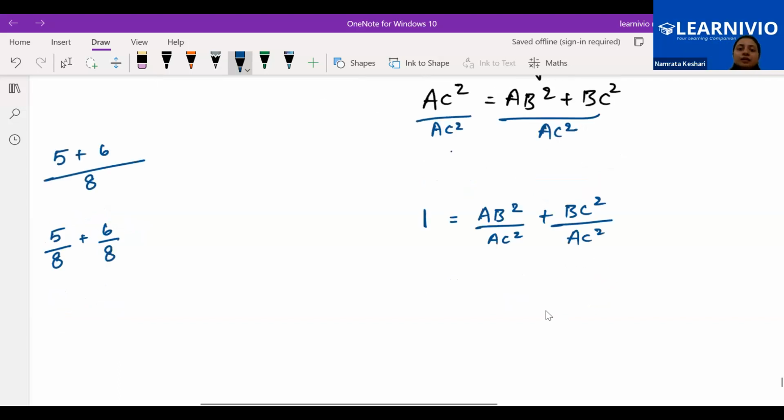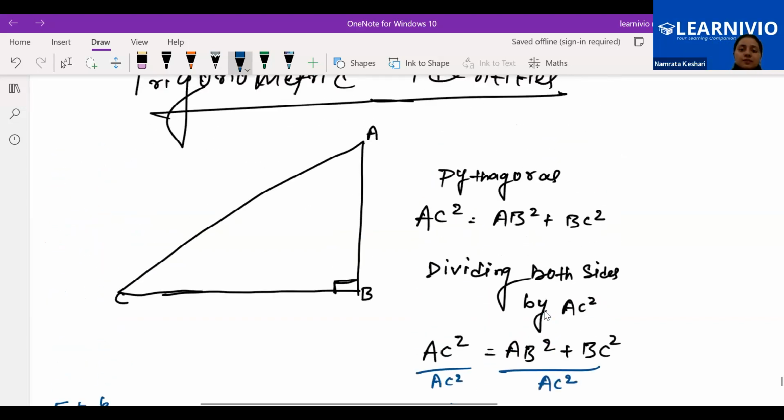Now here, if you focus, AB by AC is sine theta. Sine theta is nothing but opposite over hypotenuse. Instead of theta, I would write the proper angle.